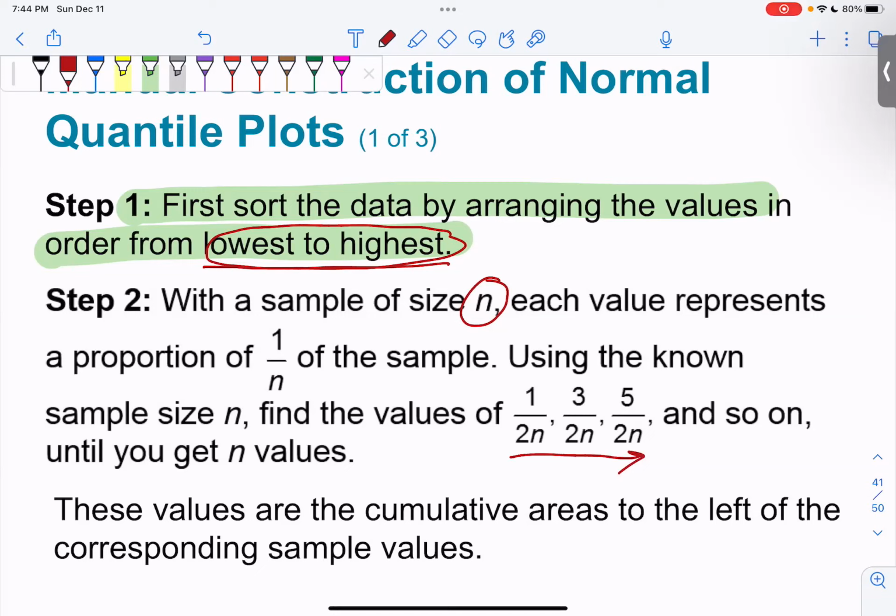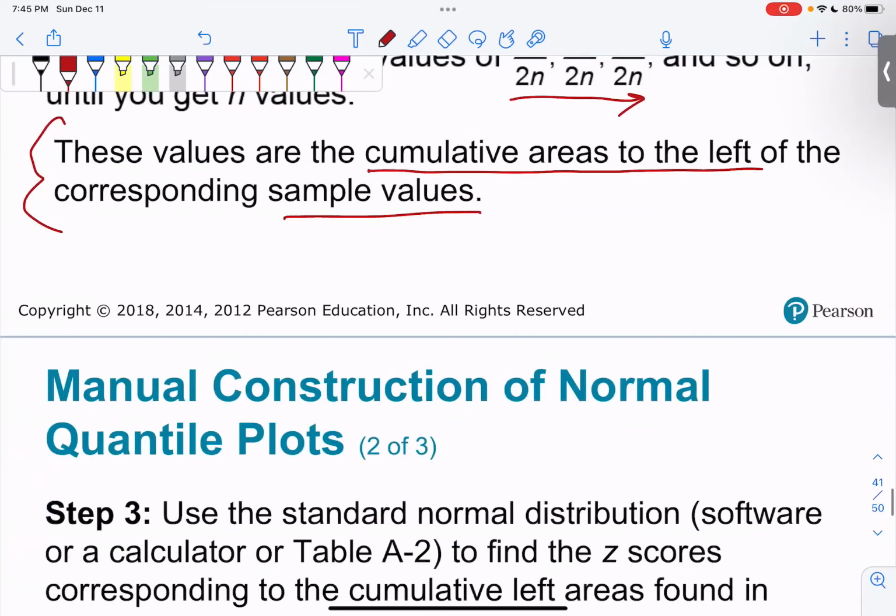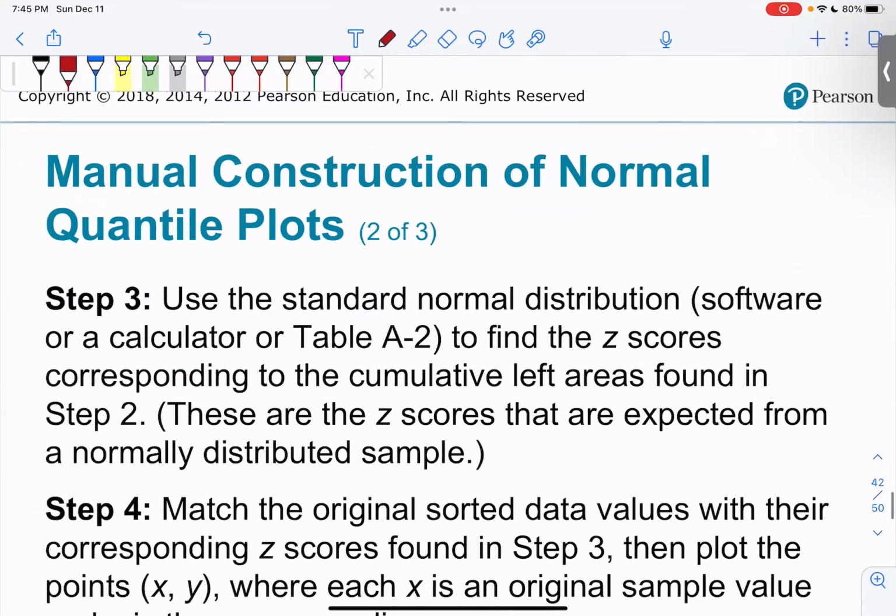We start from 1 divided by 2n, then 3, 5, 7 divided by 2n, 9 divided by 2n, and so on, right? These values will be the cumulative area to the left of the corresponding sample values, which we will see in the example soon.